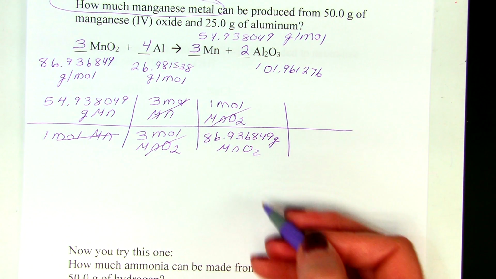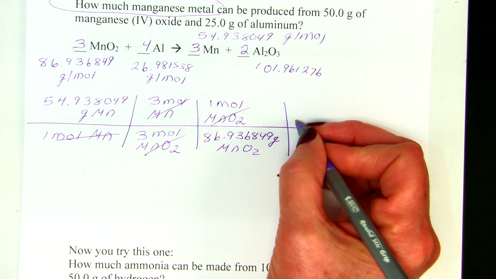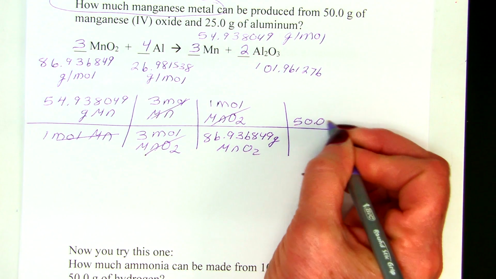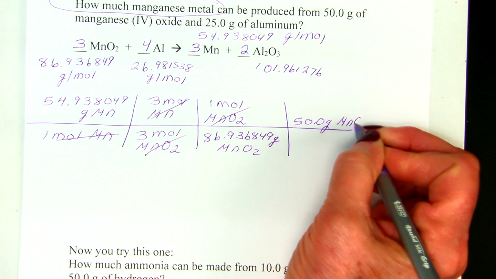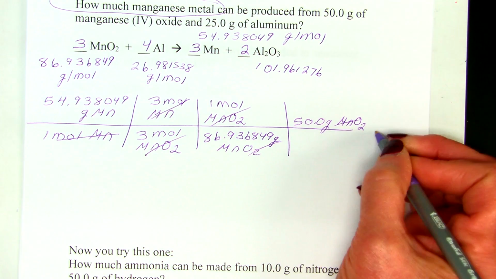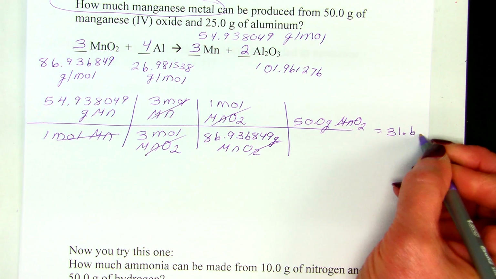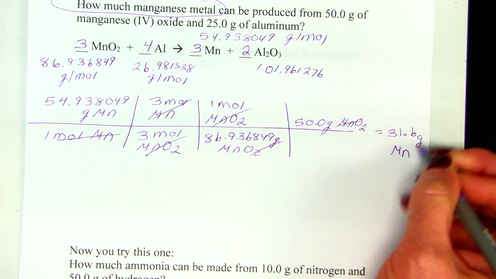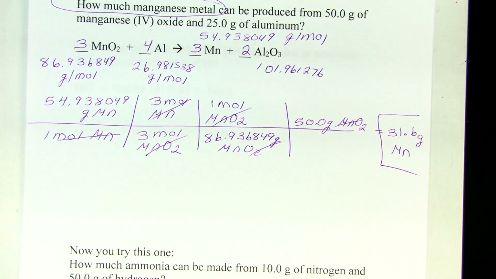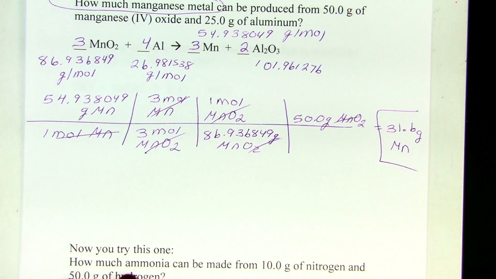I need to cancel my grams of MnO2. And I have 50.0 grams to start with. So if I use all of this up, I can make 31.6 grams of manganese. So now I'll save that answer and set it aside while I do the next calculation.